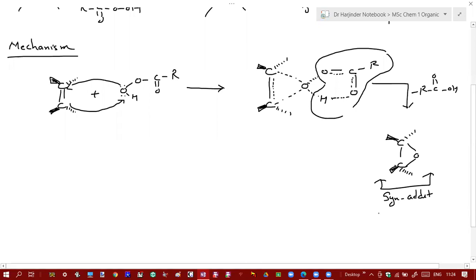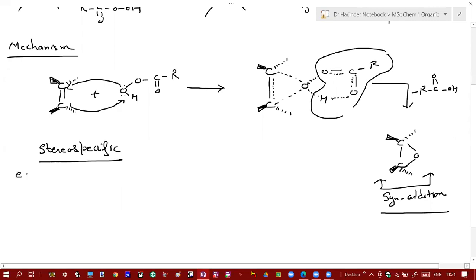In case of epoxidation by peracid, syn addition takes place from one side of the double bond. So that is your normal epoxidation process. Since syn addition takes place, this reaction is highly stereospecific, and different stereoisomers will give rise to different products.